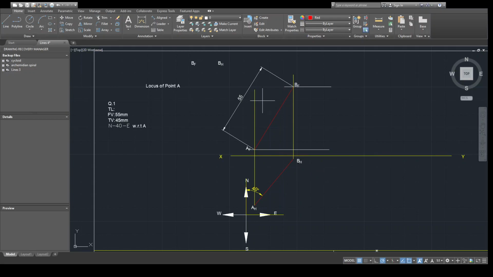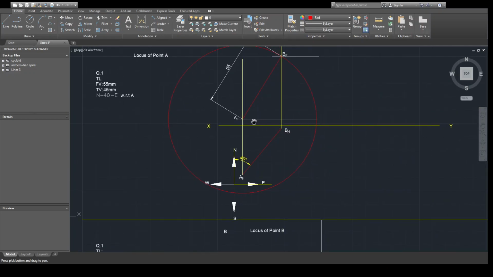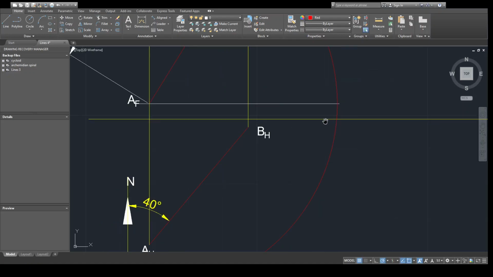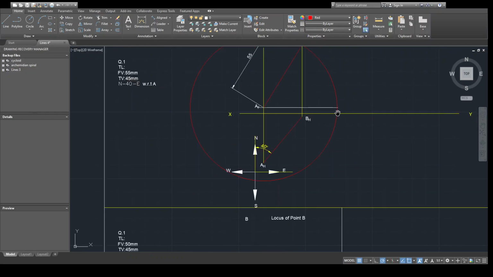Better I will draw a circle because that is simple to me. And this is my center point, this is radius. Okay, up to this point, this is the locus of point A. So up to this locus, this circle is cut at this particular point here. Yes, you can see AF, locus of point A.